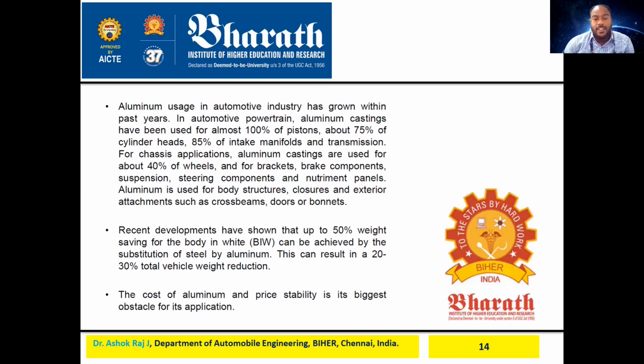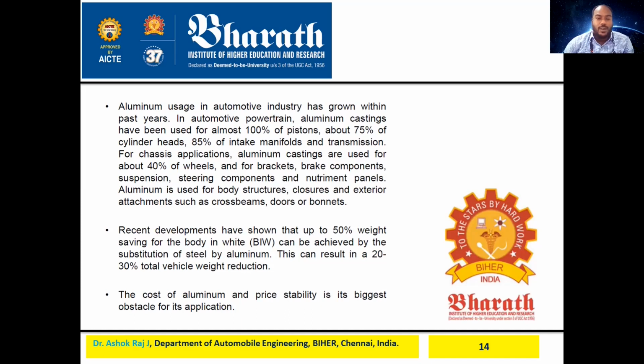For chassis applications, aluminum castings are used in about 40 percent of vehicles, and for brake components, suspension, steering components, and instrument panels, they mostly use aluminum material. Aluminum is used for the body structure, closures, and exterior attachments such as glass beams, doors, and fenders.